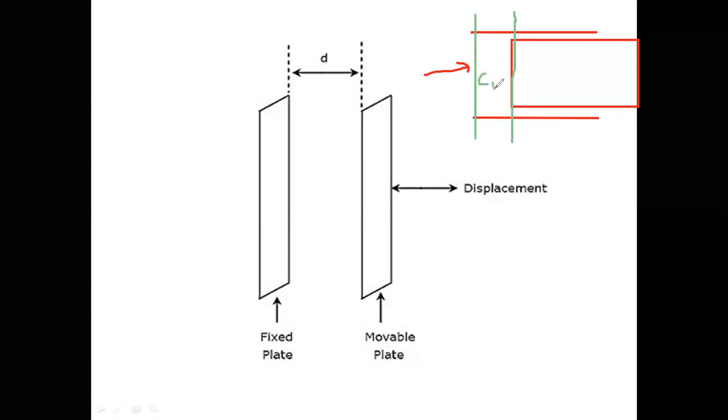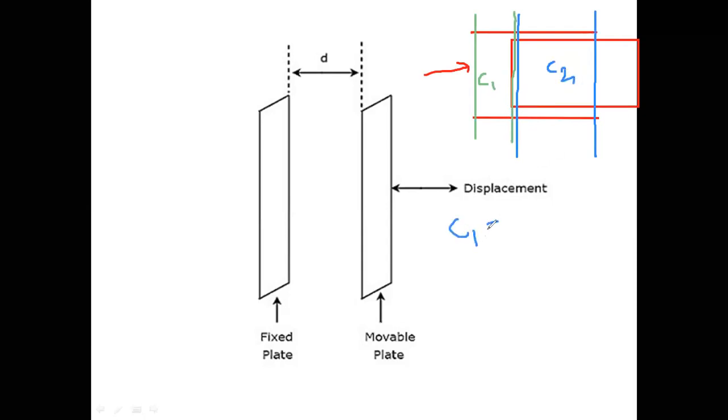Therefore, I call it C1. From this point to this point the dielectric material is there. I call it C2.